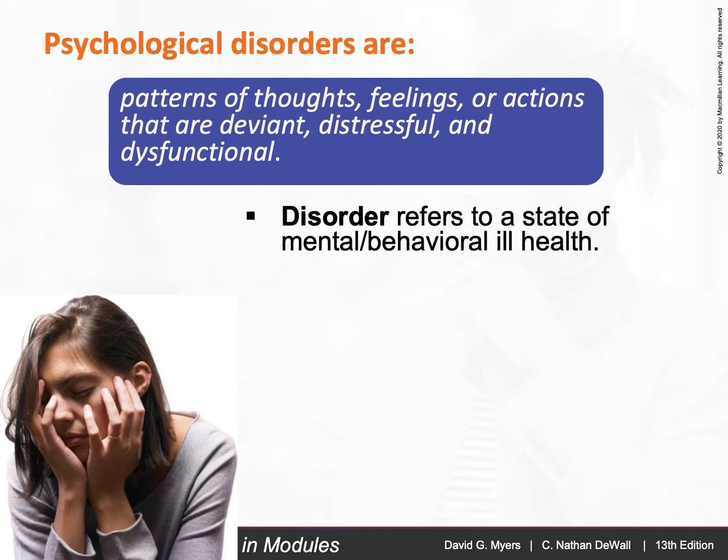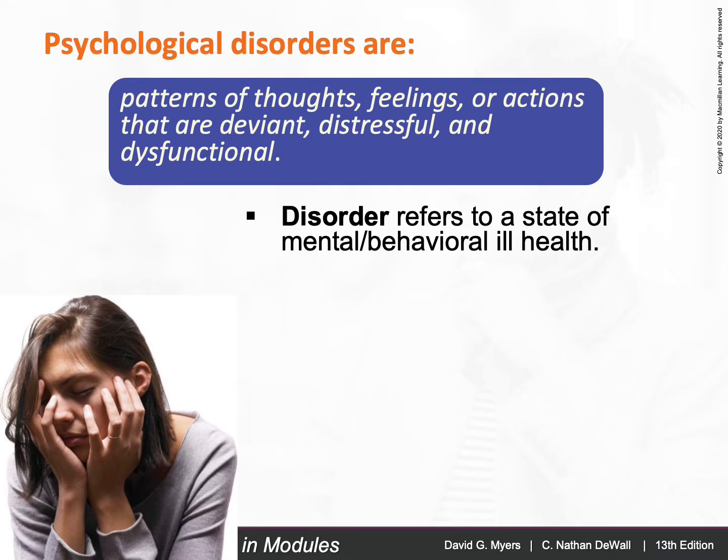Okay, so first, when we refer to a disorder, we're talking about a state of mental or behavioral health that is maladaptive, right? So why do we use the word disorder? Well, we use the word disorder instead of disease because the latter term typically implies a known cause of the symptoms, right?